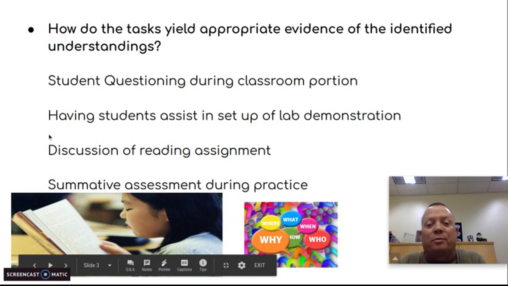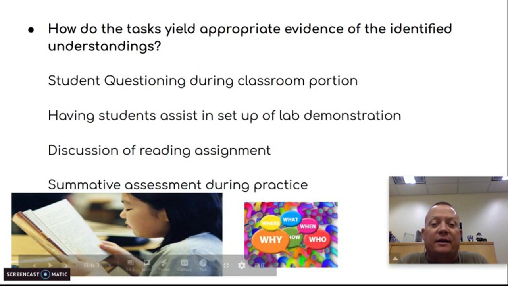So how did the task yield appropriate evidence and identified understanding? First, the assignment was they had to watch a YouTube video and do the reading in the TO. The first day when they came back, we discussed, as you would in any classroom, what they learned, what kind of questions they had, and we asked them questions about their reading just to gauge their understanding.